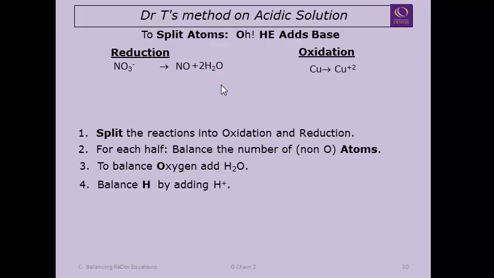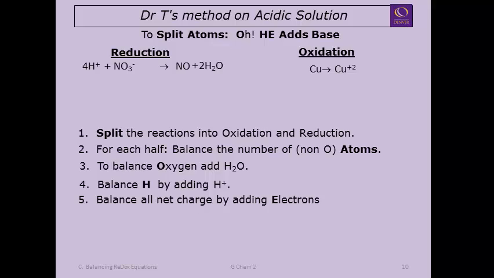Now to balance the hydrogens we just created, we need to go to the opposite side, in this case the reactant side, and add some protons. So I need to add at least 4 of those. So now everything's balanced. Next step, let's balance all the net charge by adding electrons.